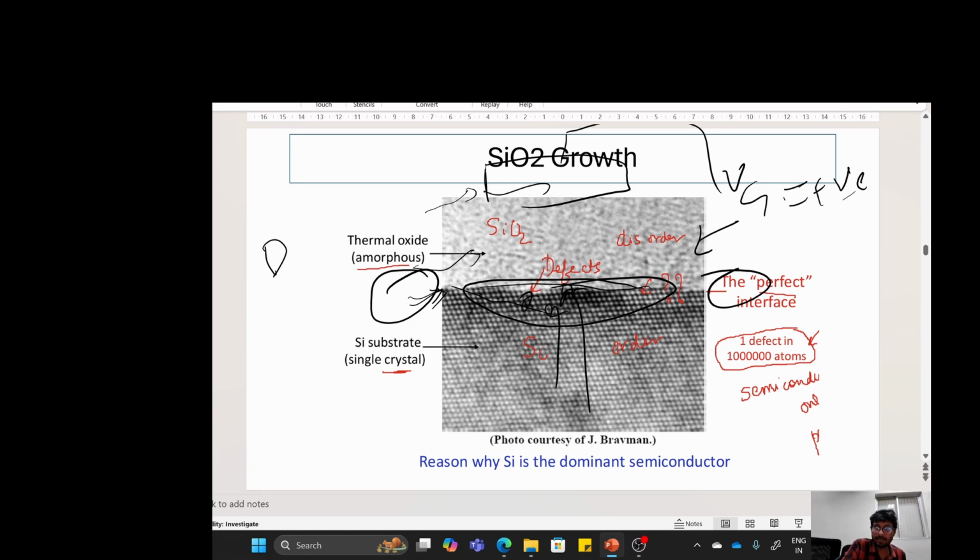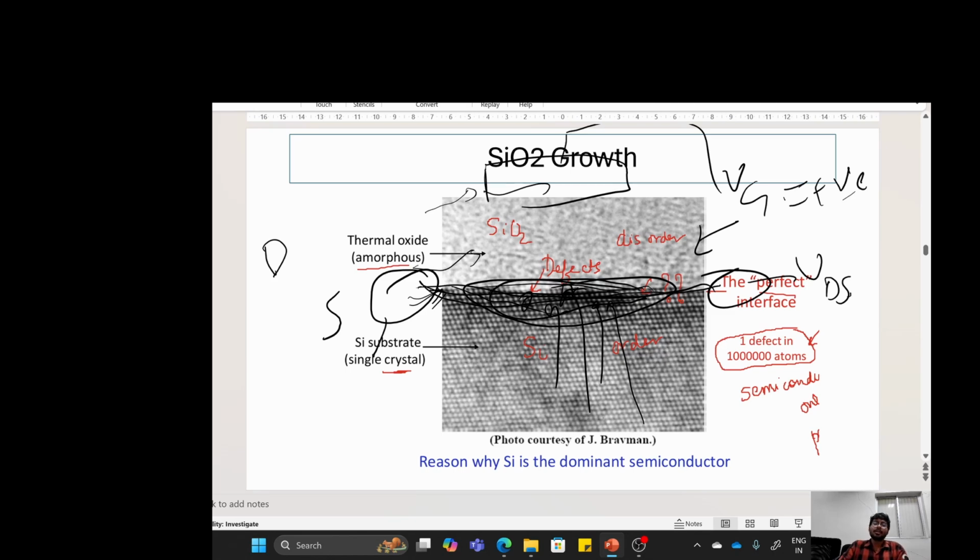Then you apply VDS across source and drain, so there will be a channel and current flowing at the interface. If this interface is defective, then the mobility would be very low. That is why a very good interface is required.